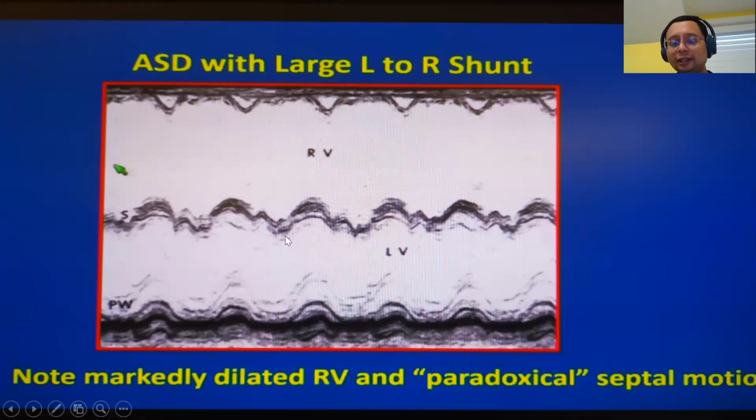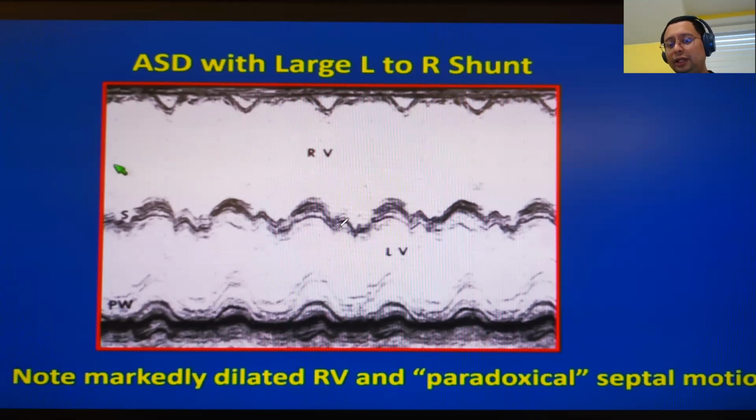But in this situation, you can see during systole, the basal inferolateral wall goes down like that. The interventricular septum should also go like that during systole. But you can see in this situation, the interventricular septum actually goes the other way.